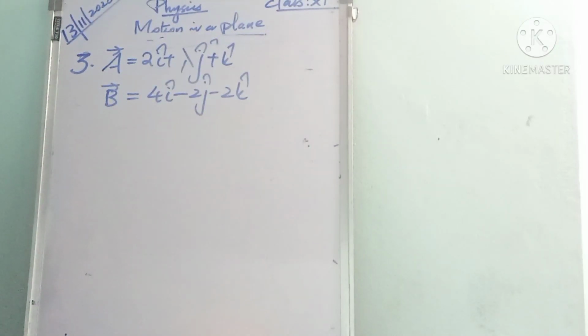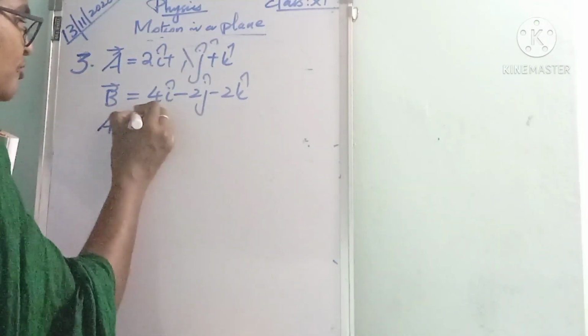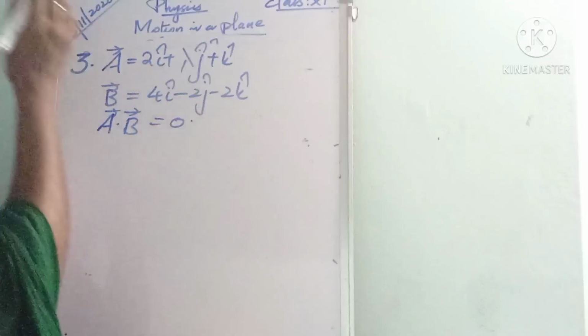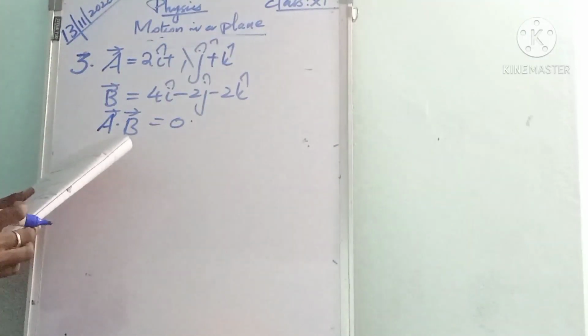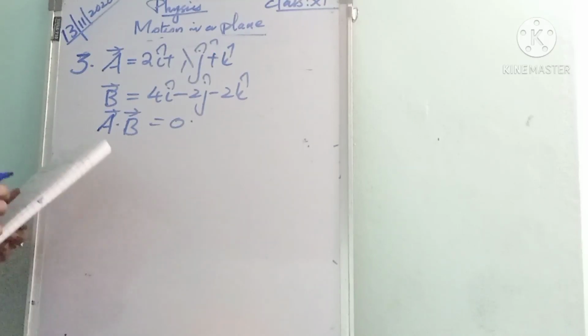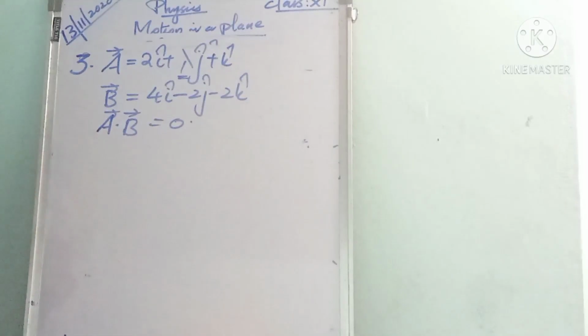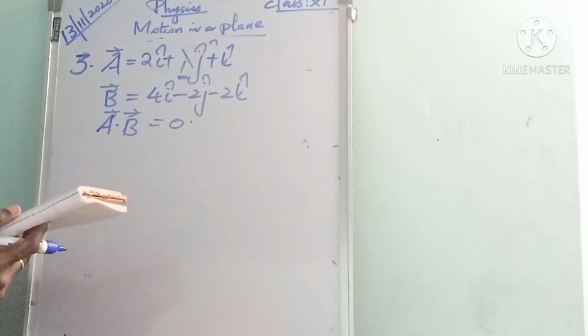We have to prove that these two vectors are perpendicular to each other. You know that if the two vectors are perpendicular to each other, then A dot B is equal to 0. Here we have to find the value of lambda.